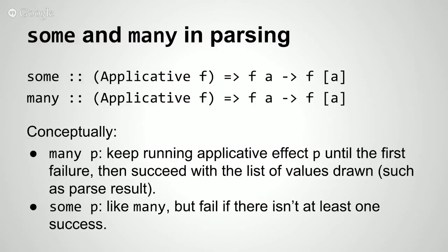Which means if it fails the first time, it still succeeds. If P fails, many P will still succeed. It'll just return an empty list. Now, some and many for list and Maybe are not useful because there will never be a failure. It's a computation that will not change its dynamic. But with parsing, you know that eventually you're going to run out of string.